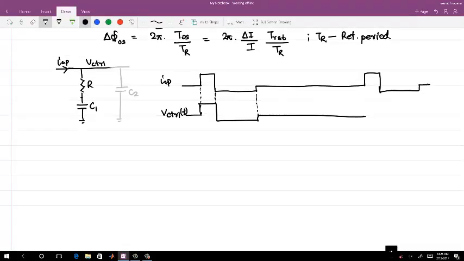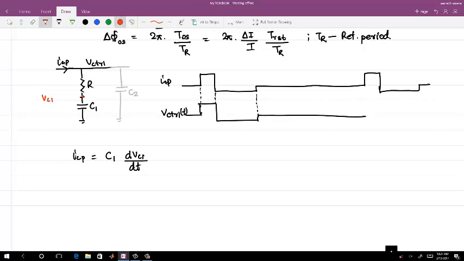So what we have here is ICP equals C1 times dVC1 by dt. Forget everything else and just look at this. We do not have C2. Let me call the control voltage across the capacitor VC1, that will be easier.